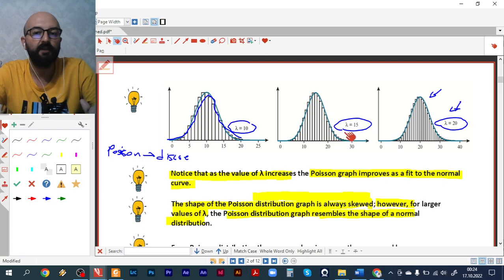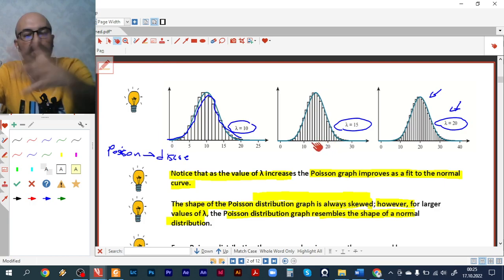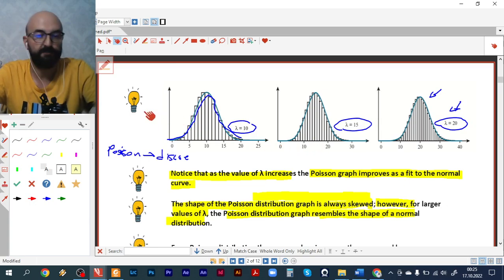When lambda value is 15, your curve is a little bit skewed, but when lambda equals 20, your curve is very similar to a normal distribution, a symmetrical curve. And when your lambda value increases, your Poisson distribution tends to normal distribution.